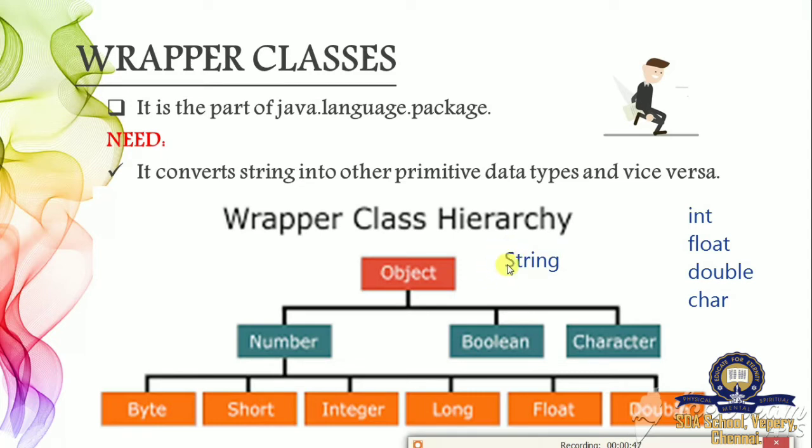Here two terms will come. One is autoboxing, another one is unboxing. Autoboxing converts primitive types into wrapper classes, but unboxing converts the wrapper classes into primitive data types.